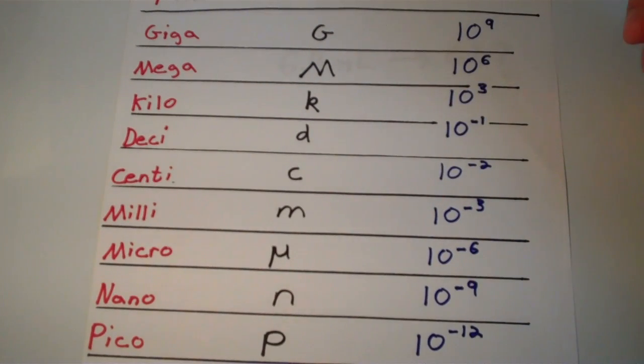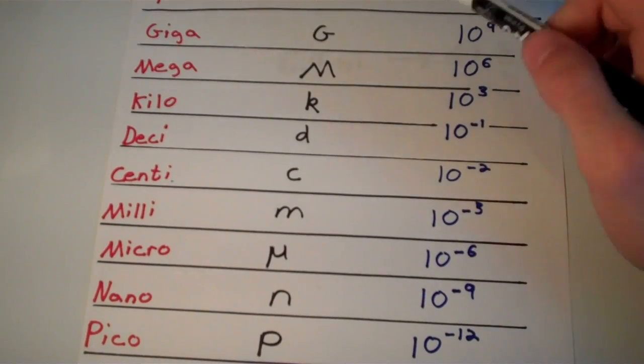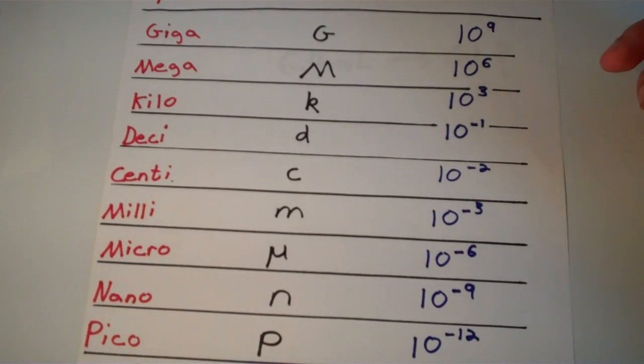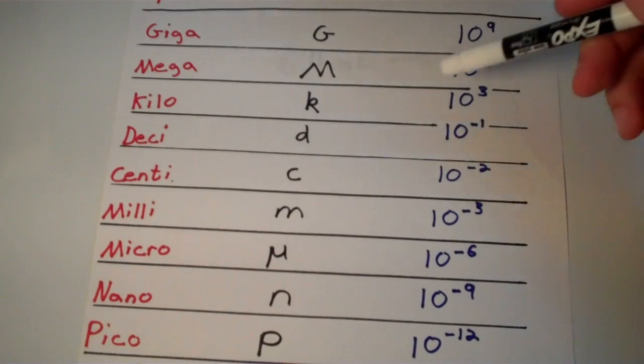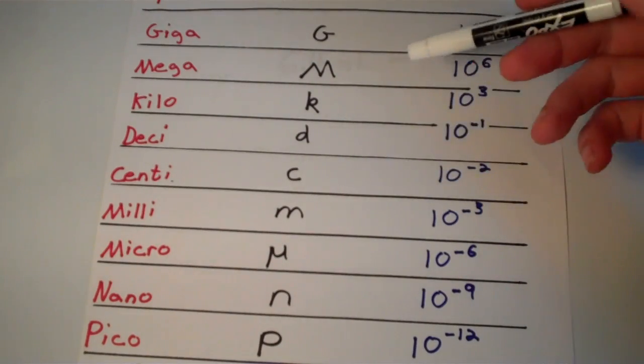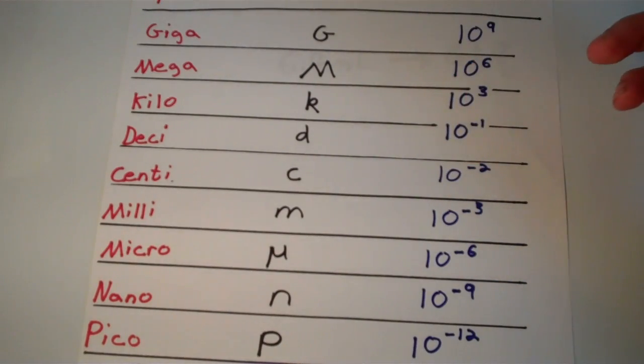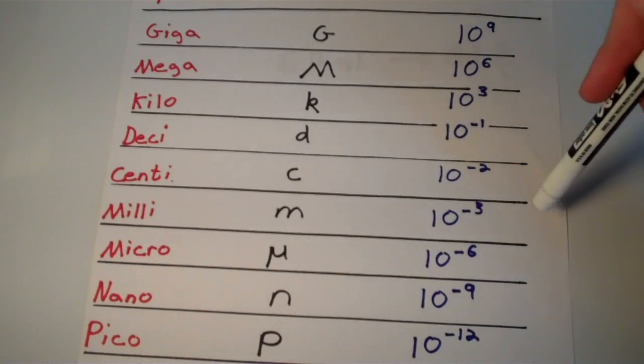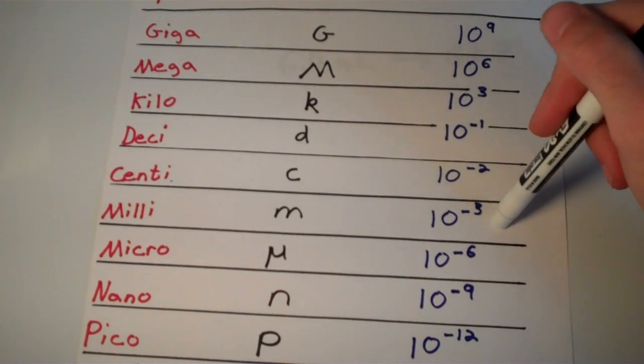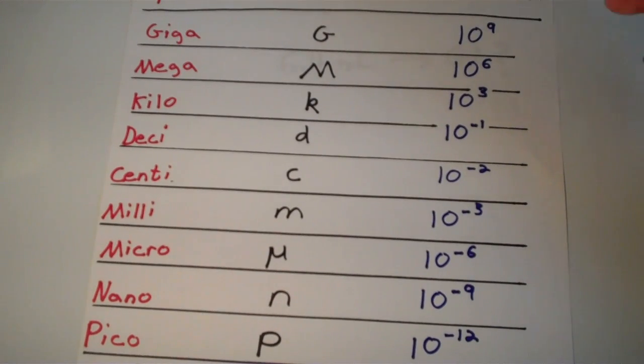So if you're one of those people that likes to write in all caps all the time, I recommend not doing this when you're working with prefix multiplier symbols. Suppose you want to express the prefix milli and you put in a capital M, well, now you're not expressing milli at all, you're expressing mega. So you just went from 10 to the negative 3 to 10 to the positive 6.